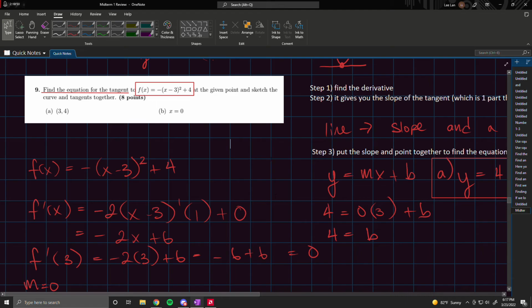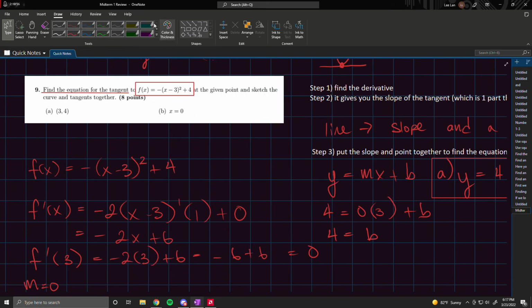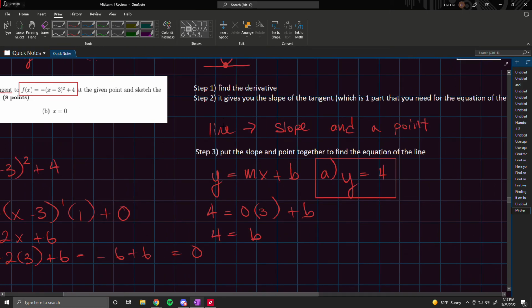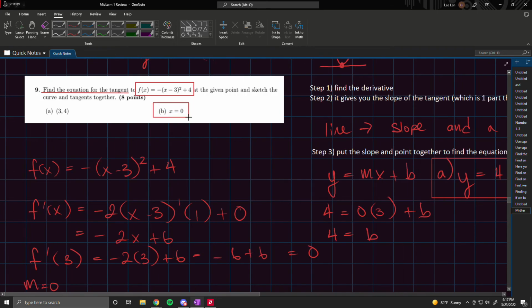Right, so part B, where x is 0. Okay, so this might be a little confusing, because it doesn't quite fit our steps. We find the derivative, it gives us the slope of the tangent, but we need a point. But there's an implicit point.